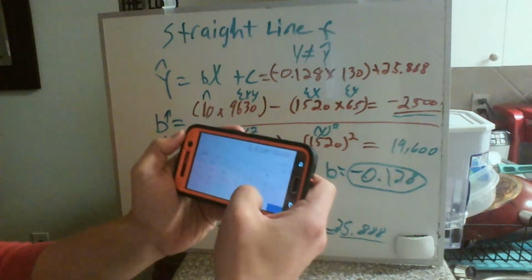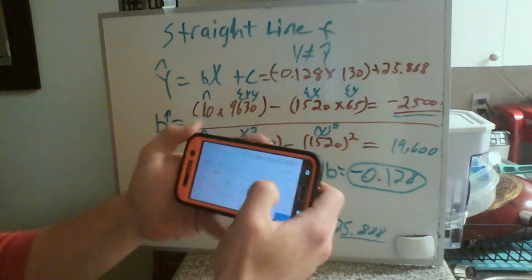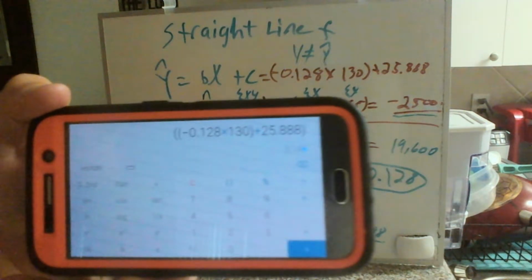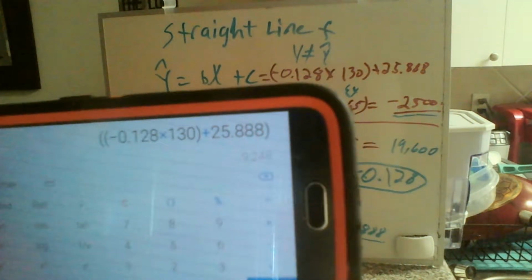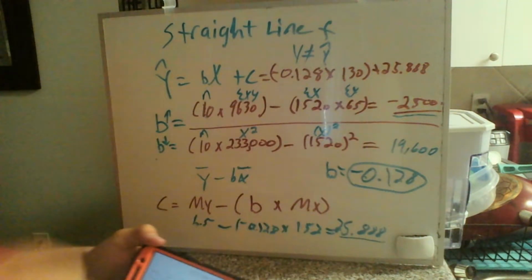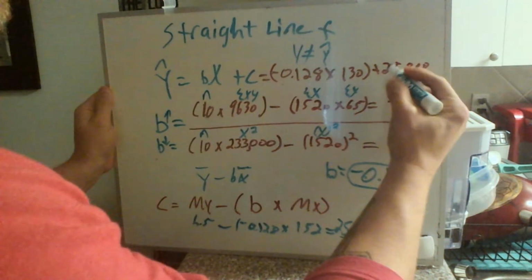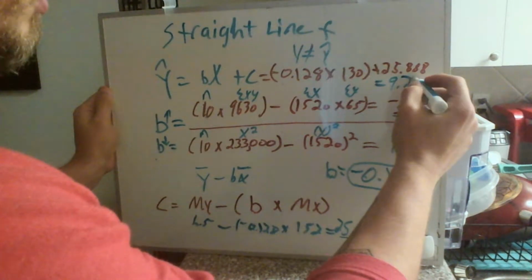And as you can see, we get a Y variable. Let's see, zoom in some, 9.248. So equals 9.248.